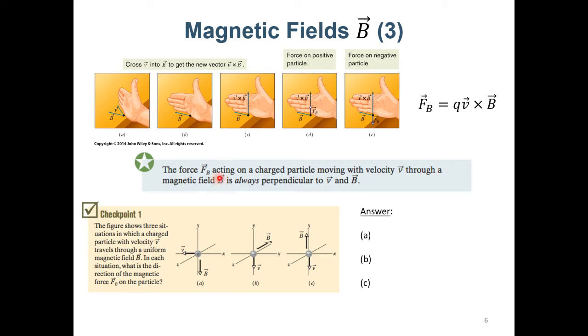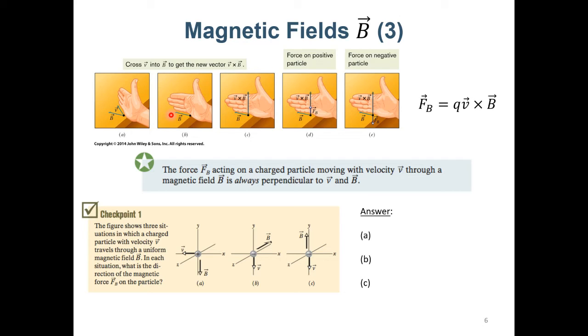So the force F_B acting on a charged particle moving with velocity V through a magnetic field B is always perpendicular to V and B. So this one should be perpendicular to this one and also to this one, because you use the cross product.